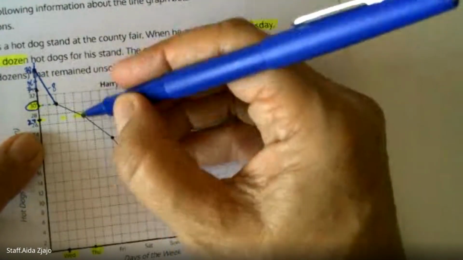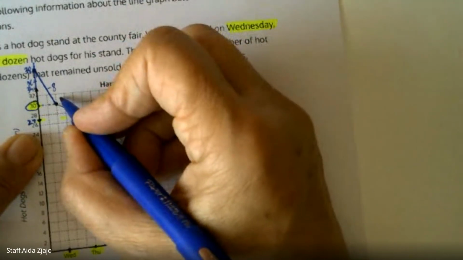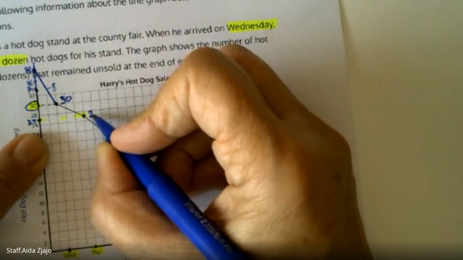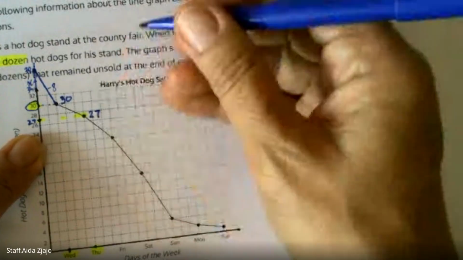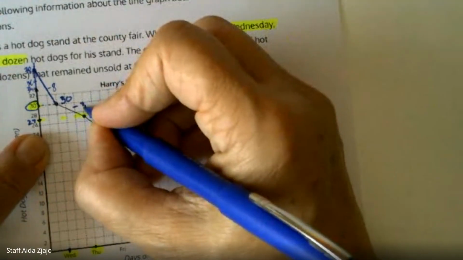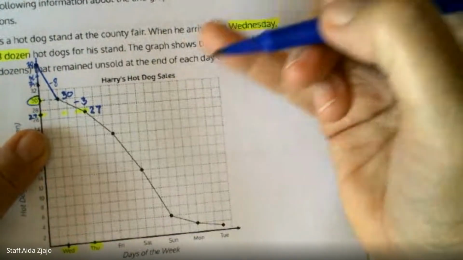So at the end of Tuesday, he had 30, and then he had 27. So he sold 3 hot dogs from 30 to 27.